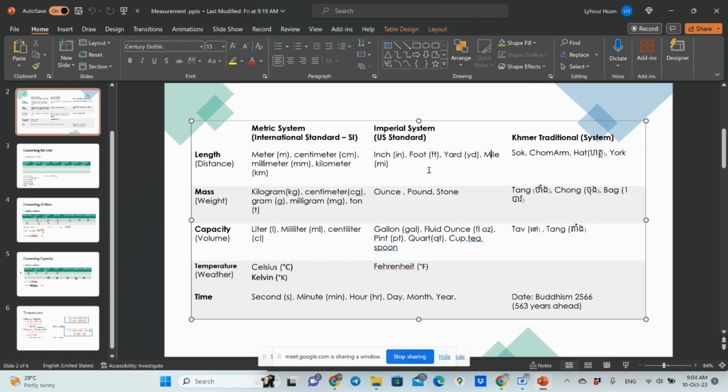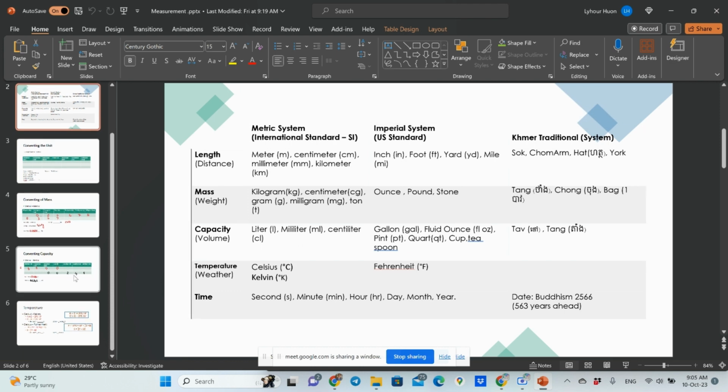We know we can convert from metric to metric, from meter to centimeter, centimeter to meter, millimeter to kilometer. But for imperial to imperial, not yet. And even metric to imperial, we haven't studied yet. So we will do it today.